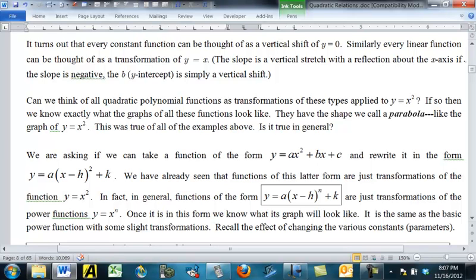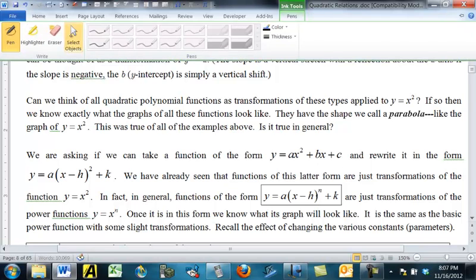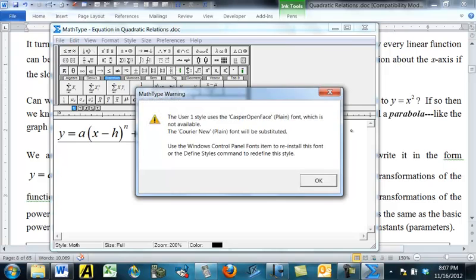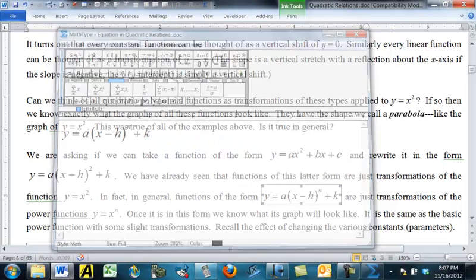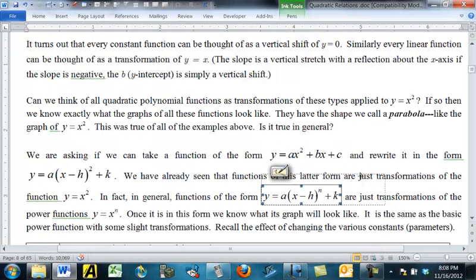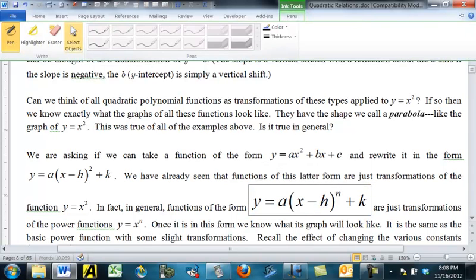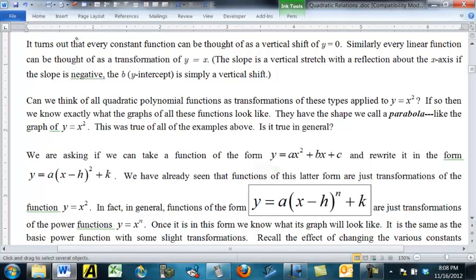So we can think about transforming this, and anything that's in the box here, let's make it big, anything that's in that box is going to be a transformation of y equals x squared.